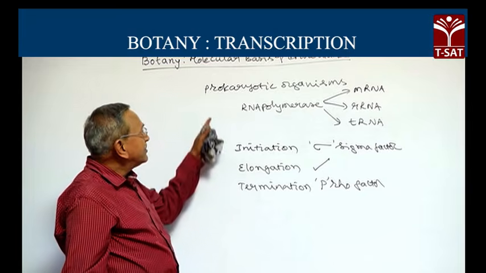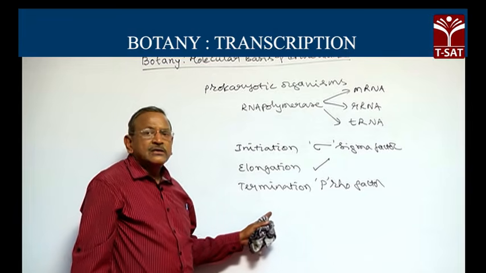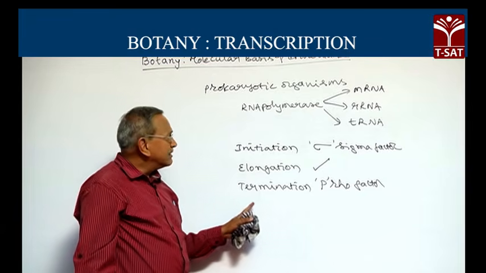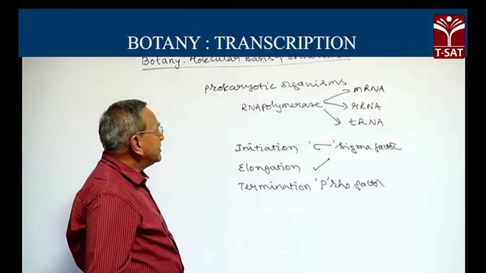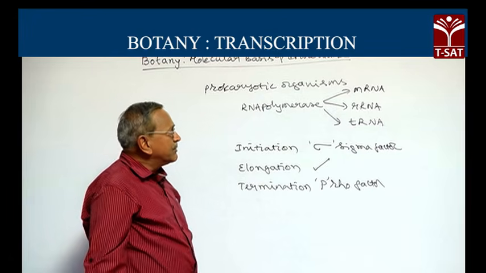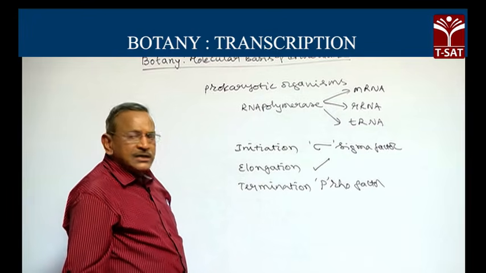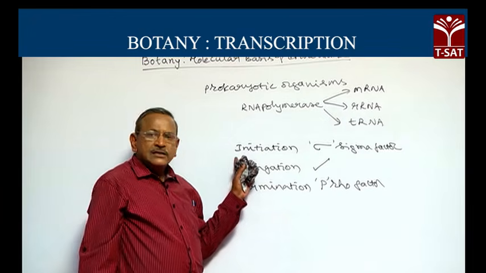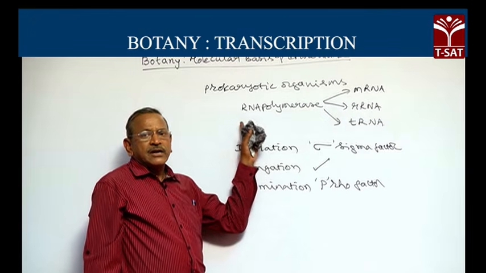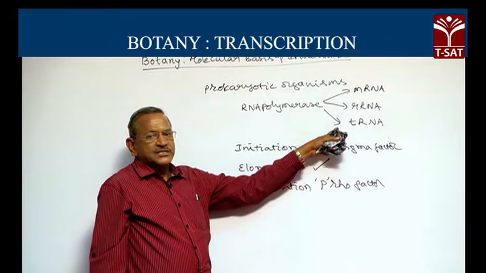Many aspects of transcription are not well understood even today. So in case of prokaryotic organisms, DNA dependent RNA polymerase transcribes for mRNA, rRNA and tRNA, and three steps are required in any kind of transcription.